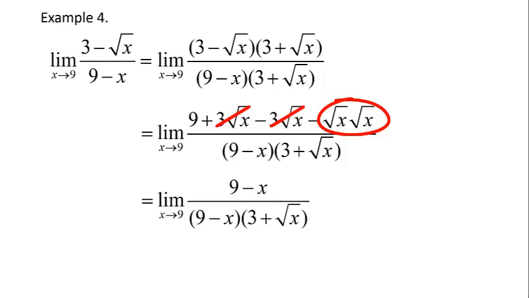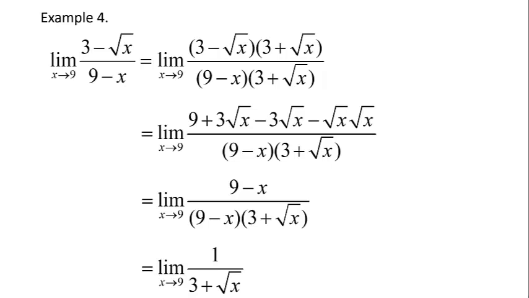So we have the limit as x approaches 9 of 9 minus x divided by 9 minus x times 3 plus the square root of x. As in our last example, we can cancel the term 9 minus x from top and bottom. We are left with the limit as x approaches 9 of 1 divided by 3 plus the square root of x. Now we can evaluate at x equals 9, and we get 1 divided by 3 plus the square root of 9, or 1/6. Great.